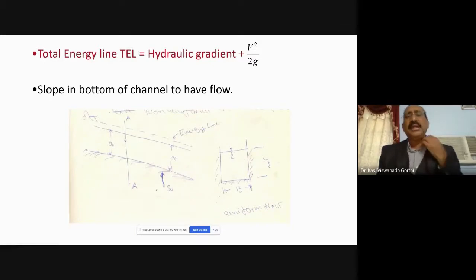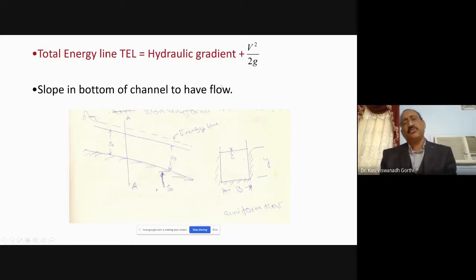So to get the total energy line, as we indicated, it is the hydraulic grade line plus V square by 2g. The intercept over and above the hydraulic grade line gives you the velocity head V square by 2g. So HGL plus V square by 2g, the velocity head, gives you the total energy line, TEL. There will be a longitudinal slope for any open channel because the flow takes place by the action of gravity.